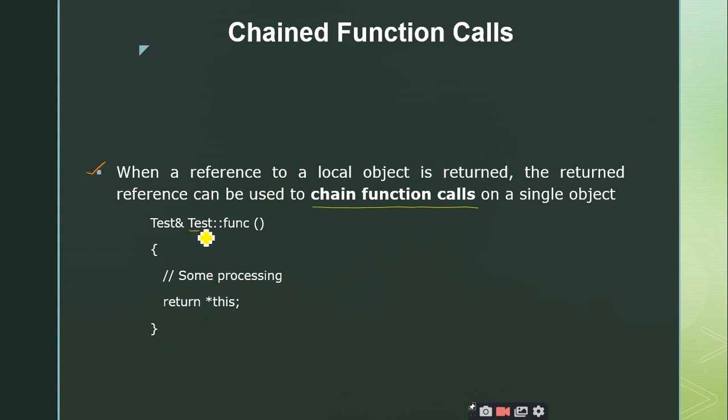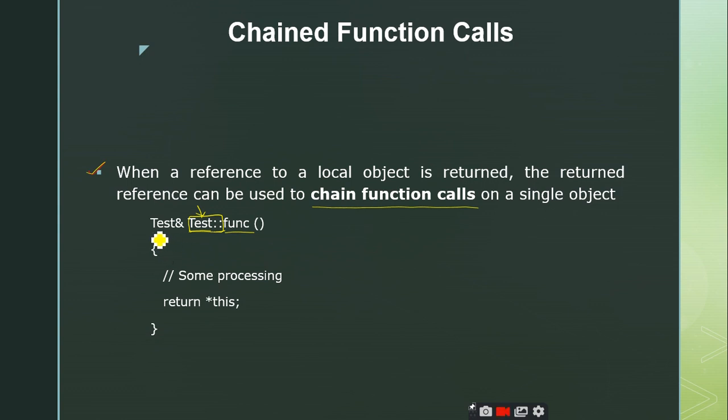This is the name of the class, and this is the scope resolution operator. We know how to write the functions, right? See here, this tells the belongingness. So the function func belongs to the test class. That is what the scope resolution operator is telling us.